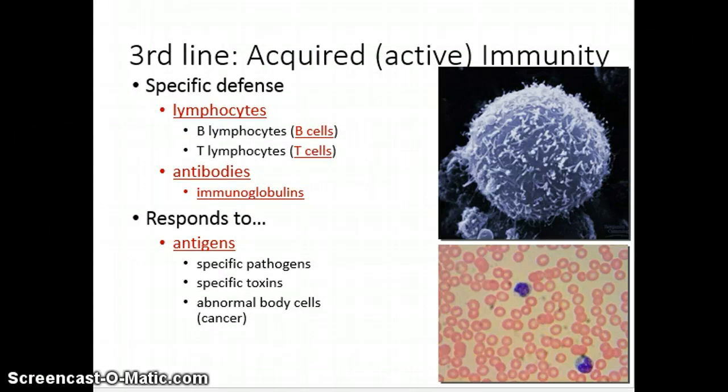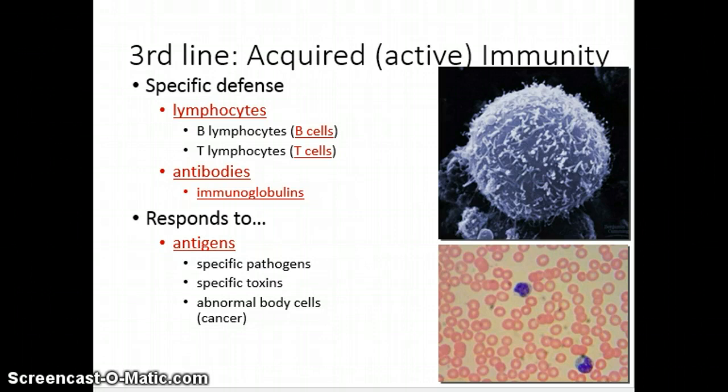So now the third line of defense is our lymphocyte defense, our acquired or active immunity. This is a very specific line of defense that is mounted by our B cells and T cells, which are also known as B lymphocytes and T lymphocytes.